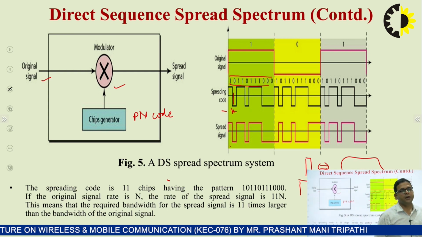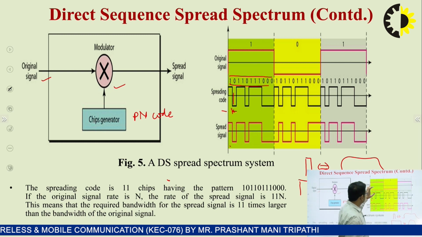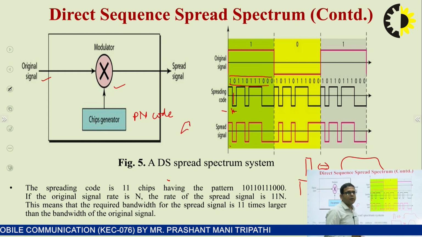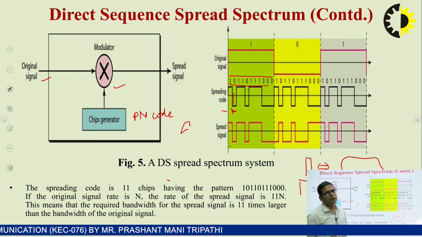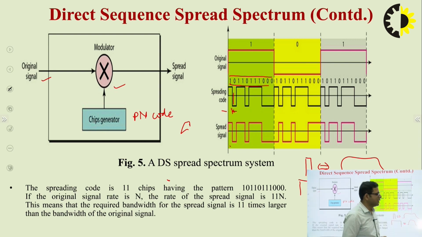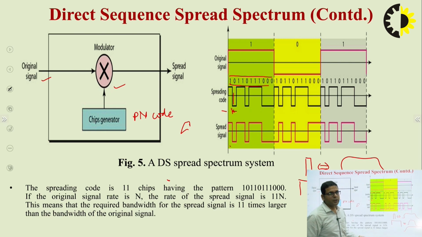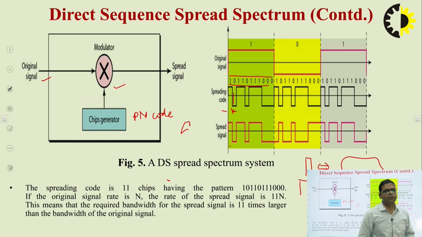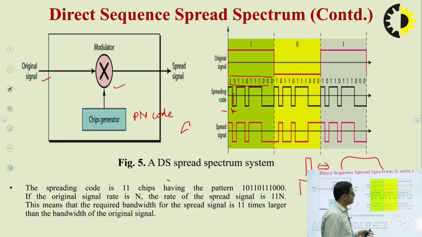So, when we multiply two time domain signals, in the frequency domain they get convolved, and if we convolve two signals which have different spectrum bandwidths, then the resultant spectrum will obviously be broader. So, due to this time domain multiplication, we get a convolution in the frequency domain, and this convolution results in a wider spectrum against the original signal.